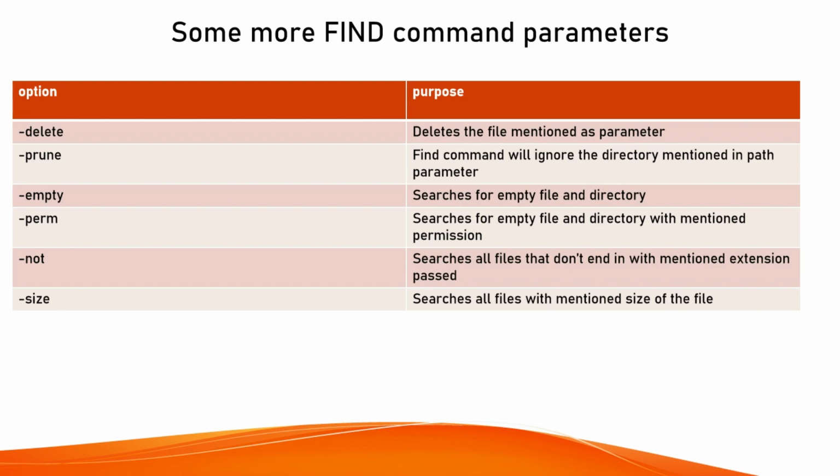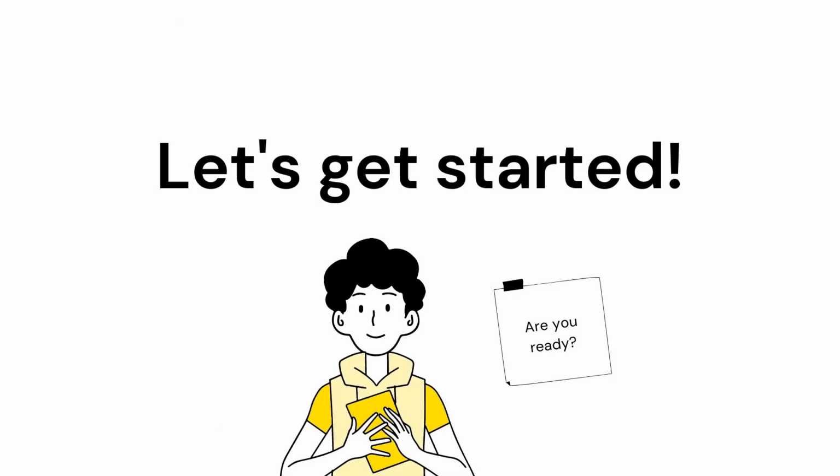For example, tomorrow I want to list down all the files having 1 MB size, and that's where you use the size command. So without any delay, let's go ahead with our demo session.